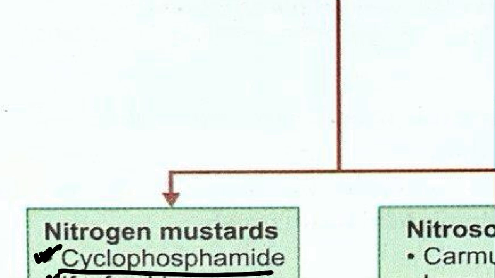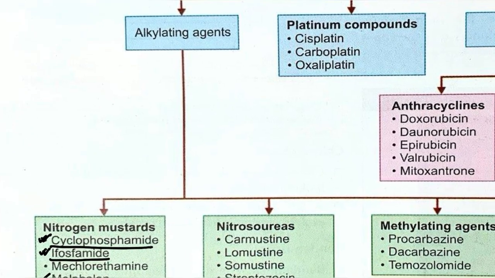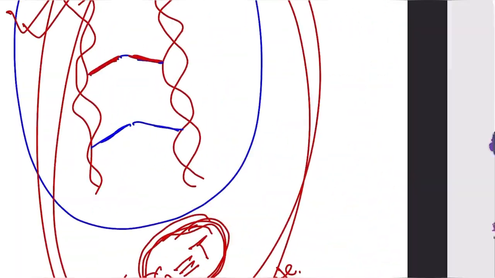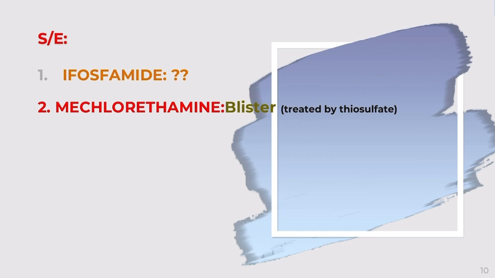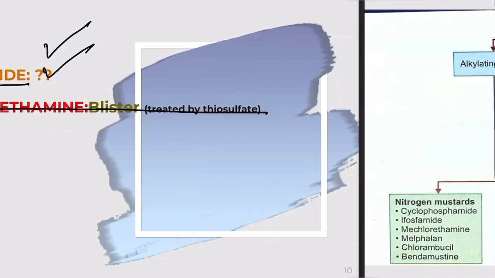Same here, ifosfamide causes hemorrhagic cystitis, which is treated with mesna, and one drug, that is melphalan. Now side effects of ifosfamide, again neurotoxicity and hemorrhagic cystitis, and forget about this. Okay.